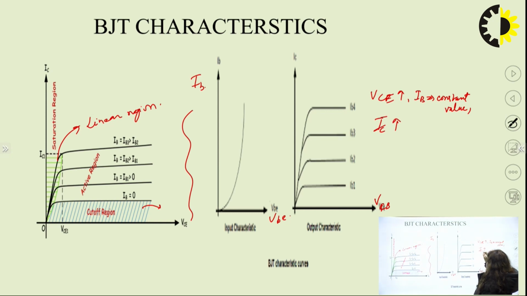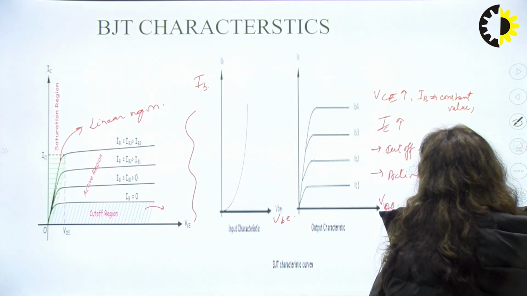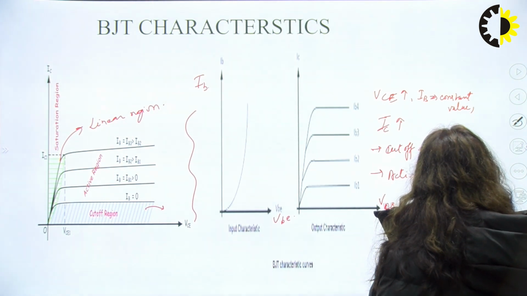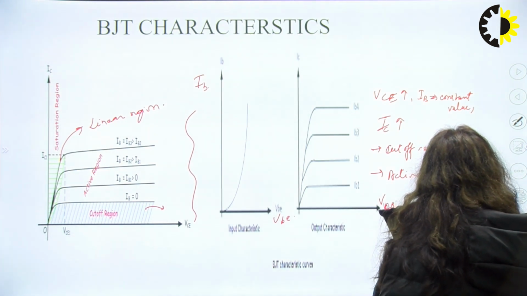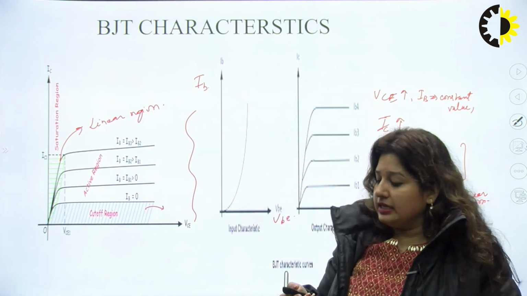There are two regions, one is the cutoff region and the other is the active region, which is called the linear region. So these are some conclusions. This is the linear region where the current will increase as you increase the voltage. So this is the BJT characteristics.